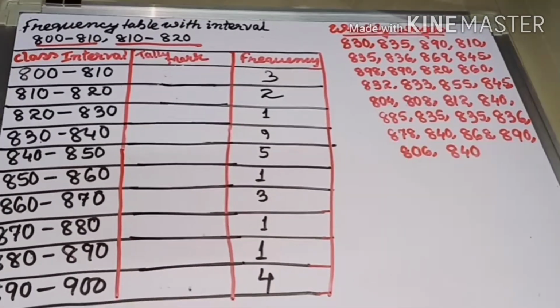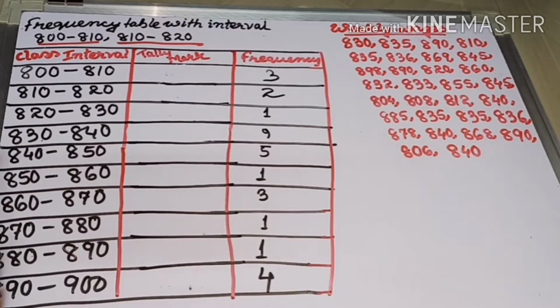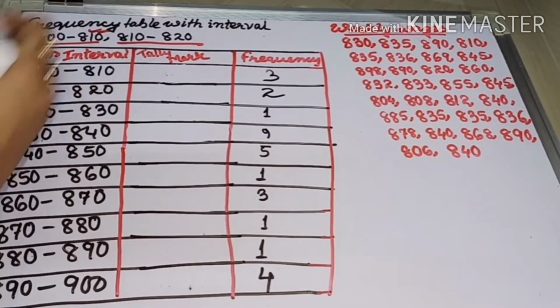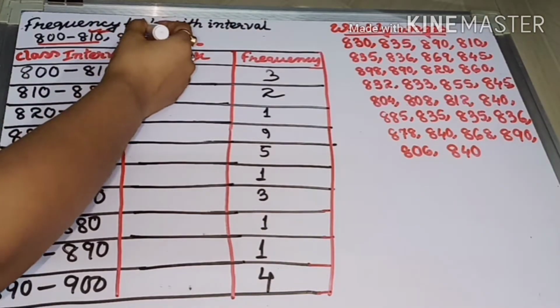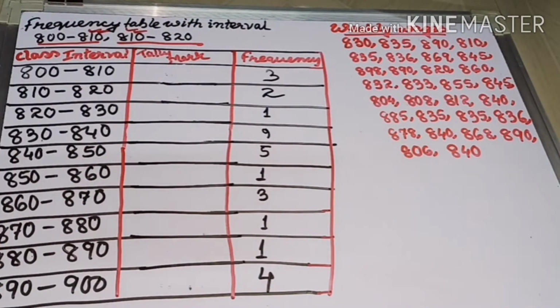We see that the upper limit of the first class interval, that is 810, and the lower limit of the second class interval, that is also 810, both are the same. This shows that this is an exclusive class interval. Okay, got it?